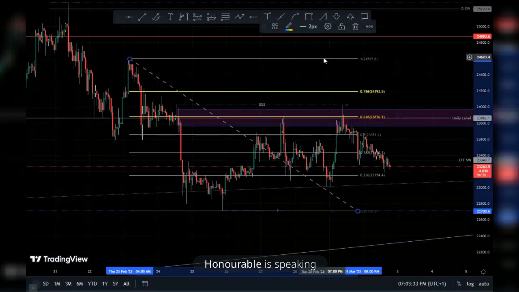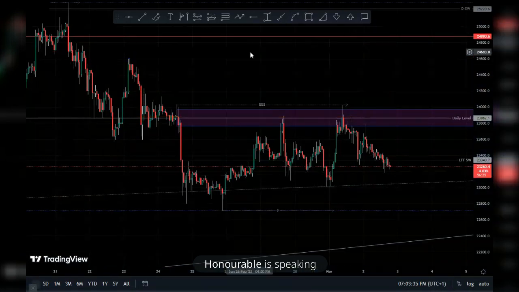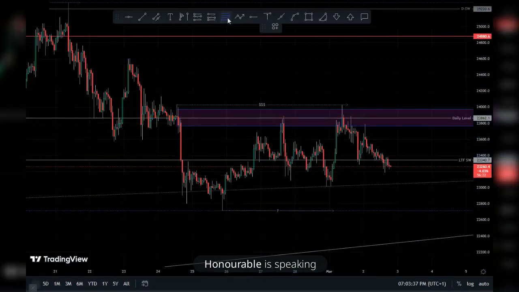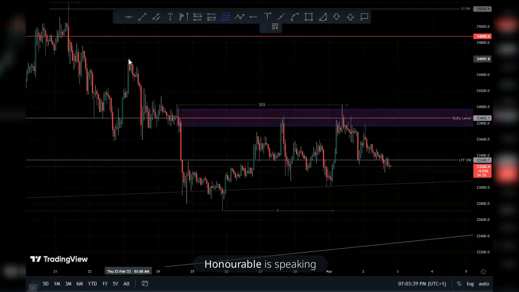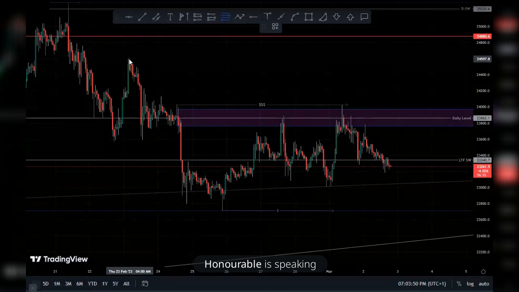Now let me repeat this again. What you do, the first thing to do is to identify the market structure. Is it bearish or bullish? If it is bearish, you take it from the high, the recent significant high, the recent swing high on that particular time frame.